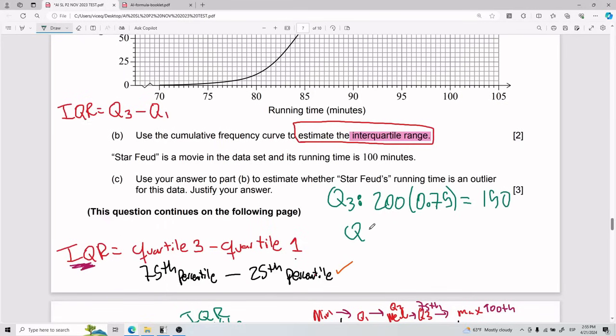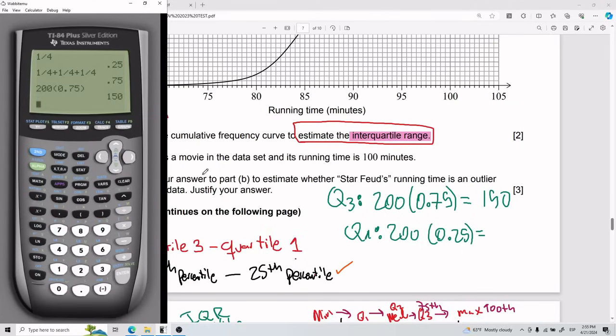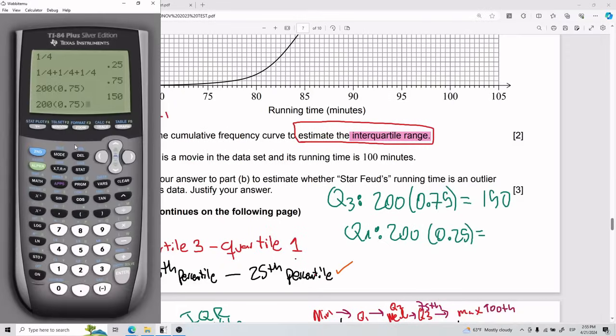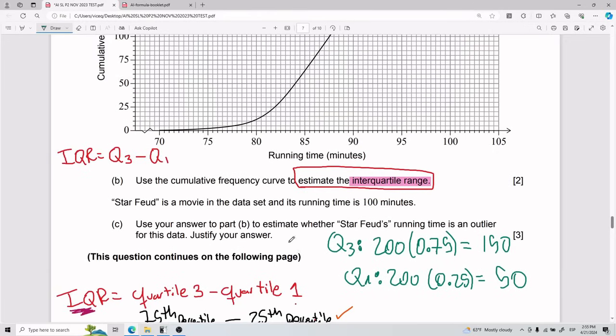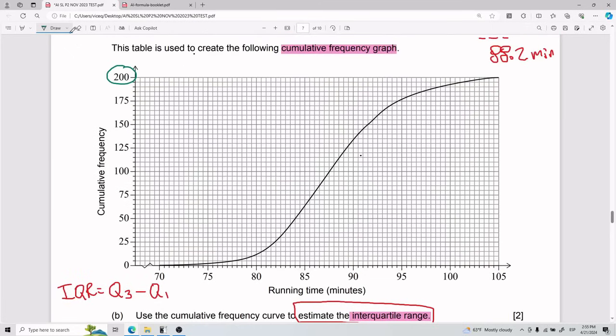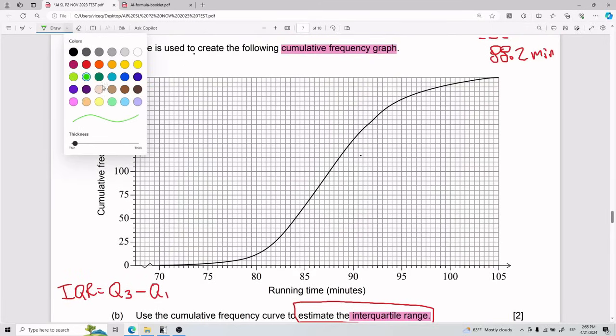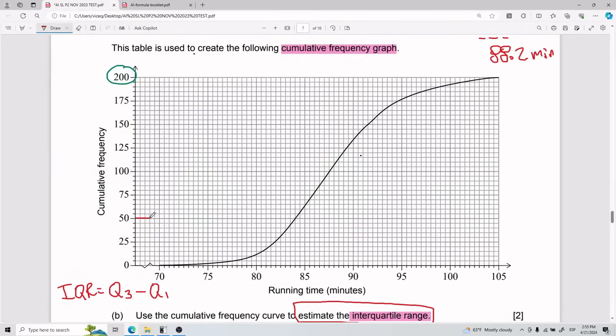And for Q1, I'm going to do 200 times 0.25. Which movie is at my 25th percentile, or my quartile 1? 200 times 0.25 is 50. So Q3 has to be at 150, Q1 has to be at 50. So this guy here is going to be Q1, right?